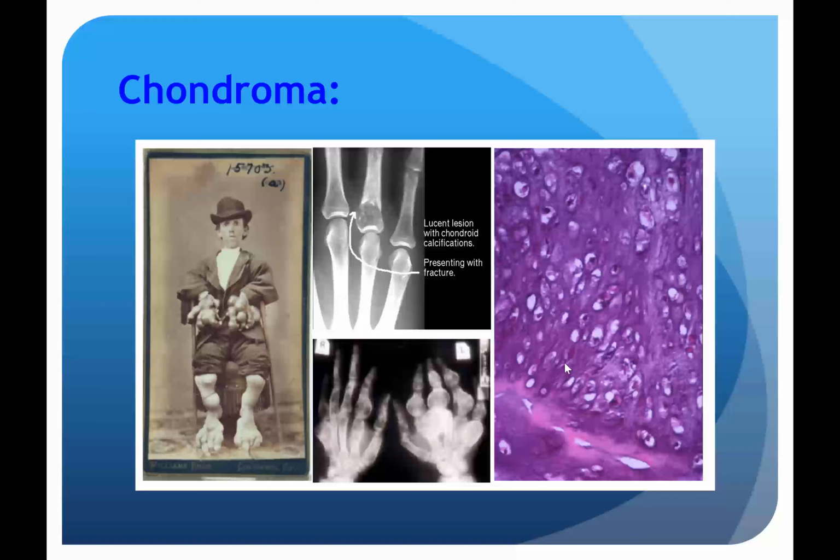Usually it is solitary, metaphyseal, in the short tubular bones, mainly the phalanx, and less than 3 cm in diameter. Multiple tumors can be part of Ollier disease, which is enchondromatosis. You see the fingers deformed due to multiple lesions.